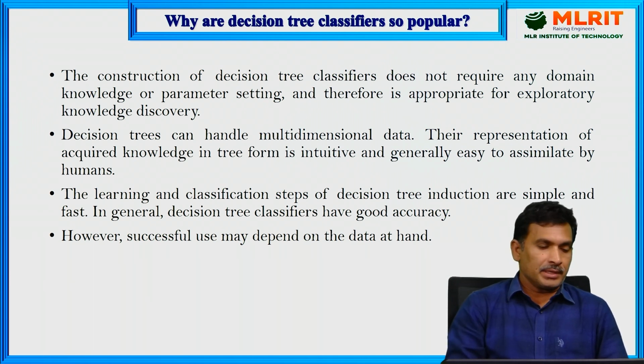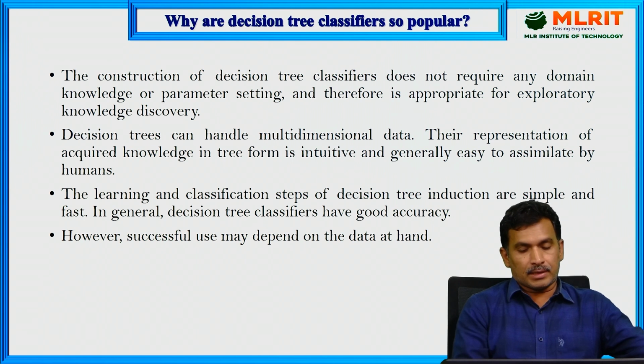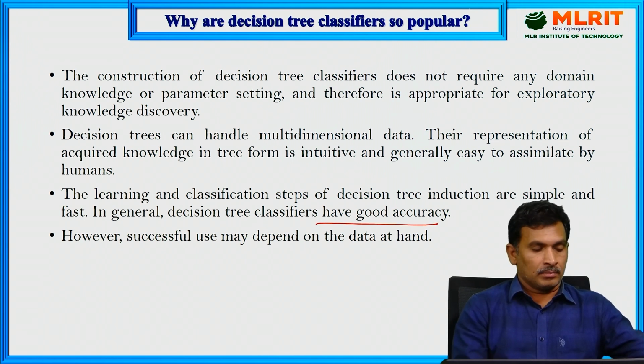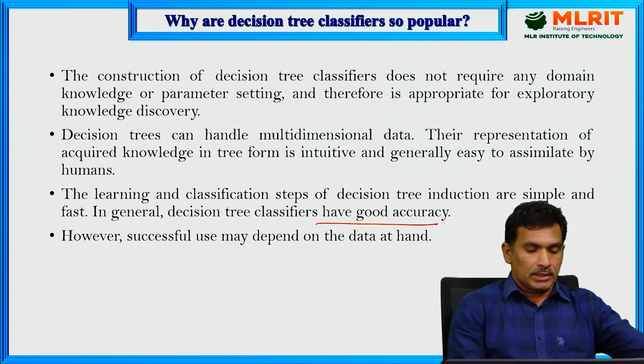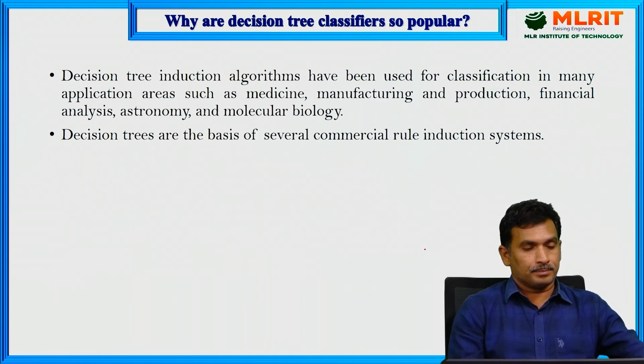Their representation of acquired knowledge in tree form is intuitive and generally easy for humans to assimilate. The learning and classification steps of decision tree induction are simple and fast. In general, decision tree classifiers have good accuracy. However, successful use may depend on the data at hand.